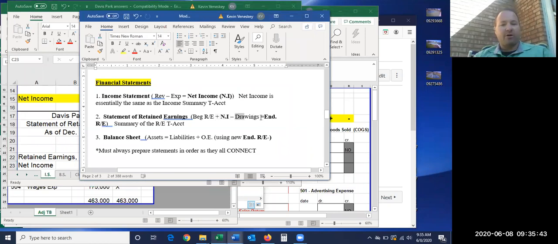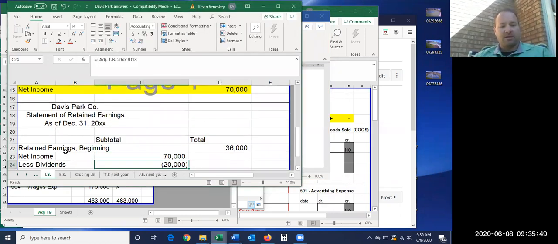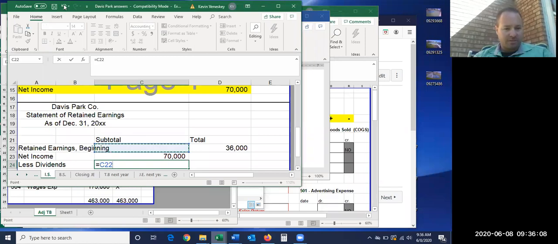And then we subtract out our drawings. Drawings and dividends, remember those are the same terminology, so you can use one or the other and it's fine. So I put that as a negative here. Technically, you probably wouldn't. I just put it in there to remind any users that that is for sure a subtraction.